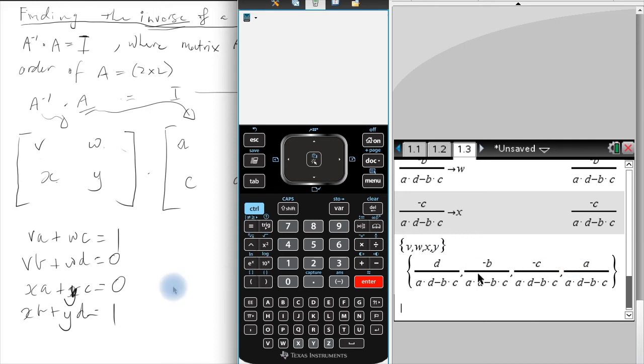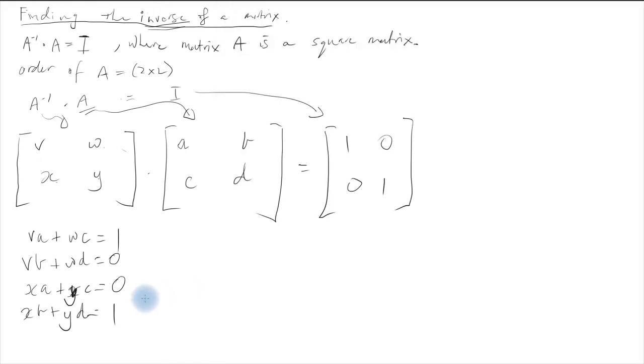So let me show you what our solution looks like. So our original matrix, this one here, which is our inverse matrix of A, looks like this.